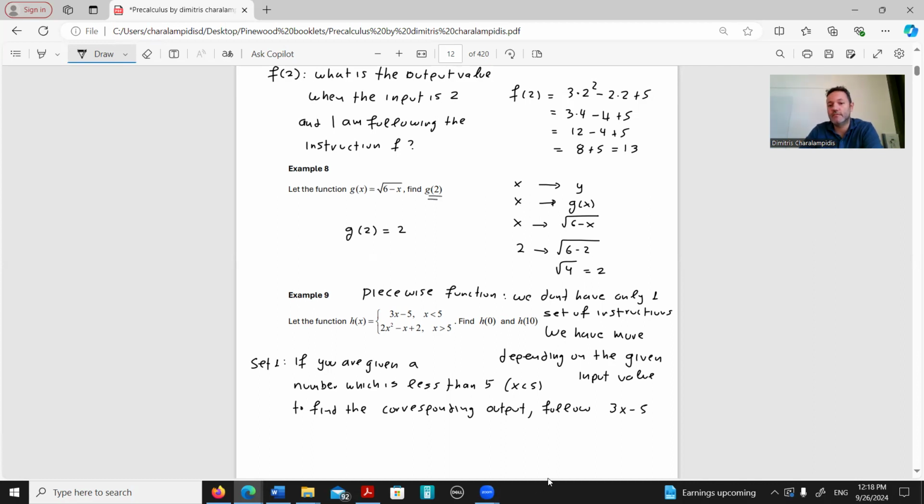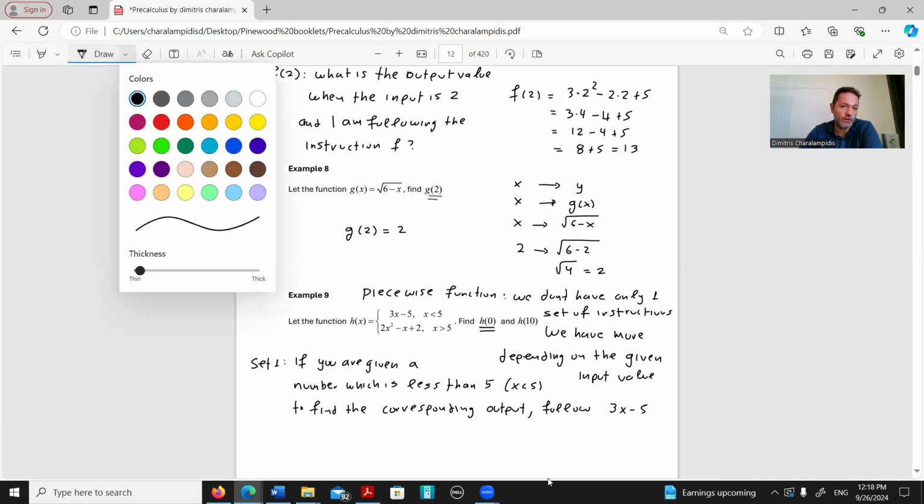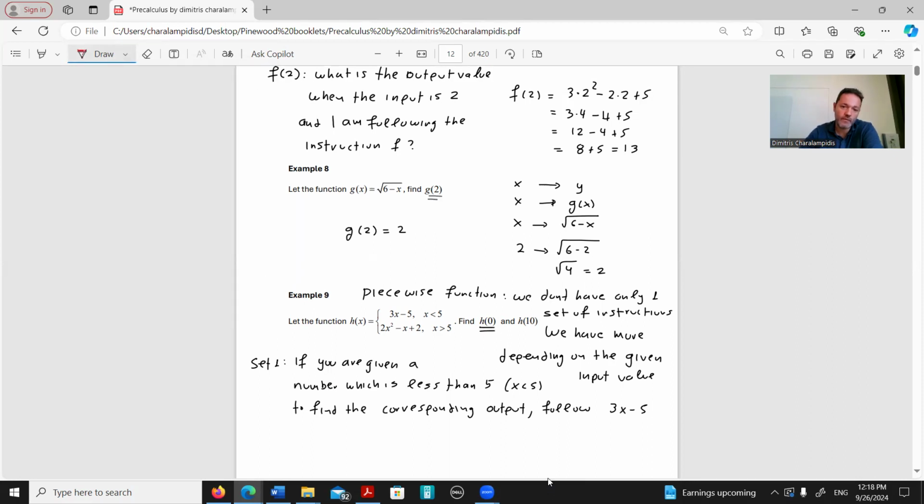So in this case, h of 0, 0 is the input value, and it is less than 5. This means that I should follow that specific set of instructions. I should multiply 0 by 3 and then subtract 5. So it should be 0 minus 5, which is negative 5.